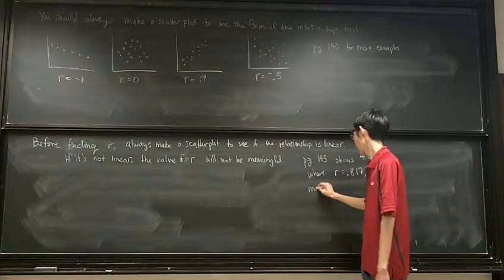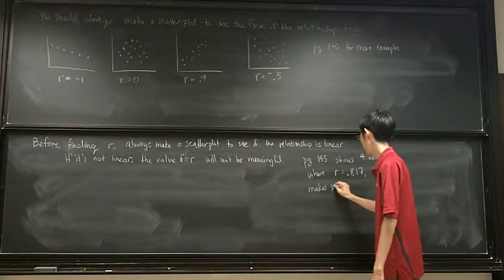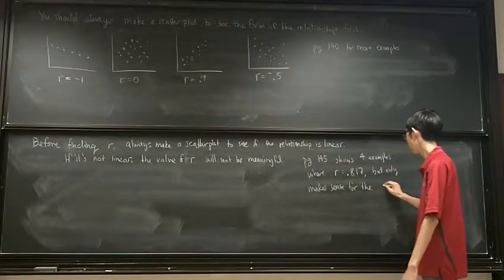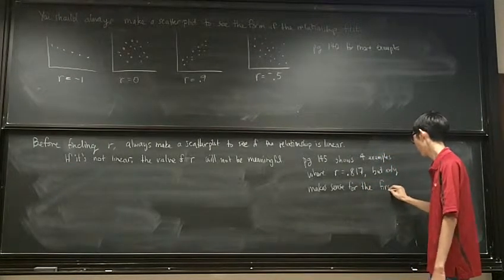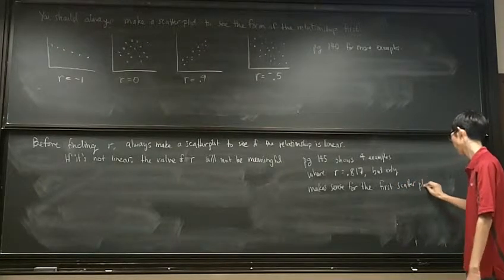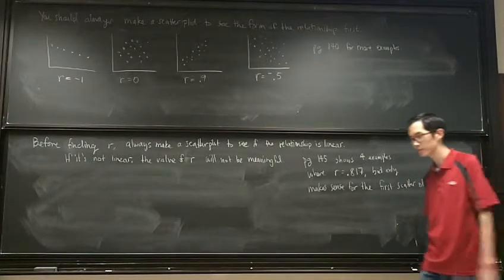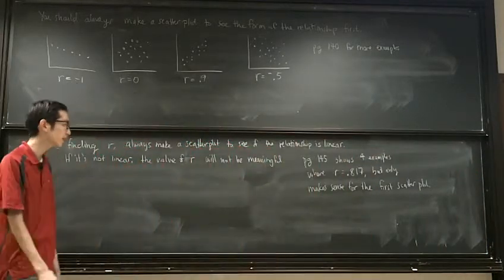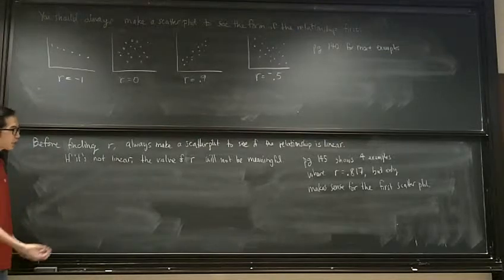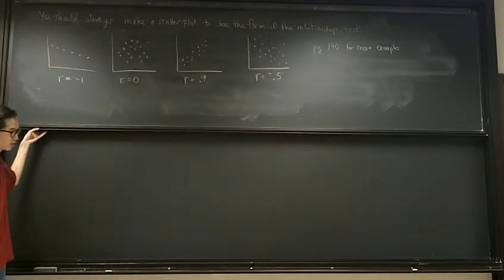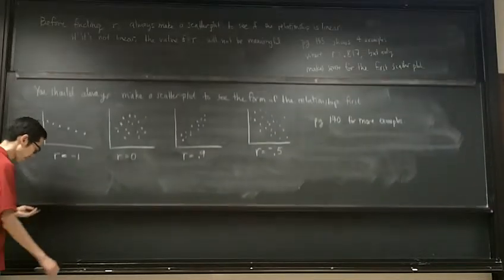Okay. For the first scatter plot. The other three scatter plots do have a correlation coefficient R, but it doesn't make sense.